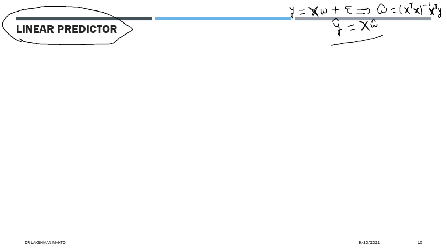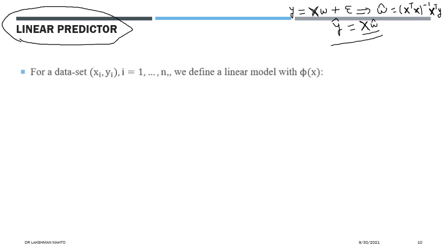A matrix is a linear transformation, as we always say. This x times omega cap gives the prediction of y, which we call y cap. This one is linear in nature, so we call it the linear predictor of y.